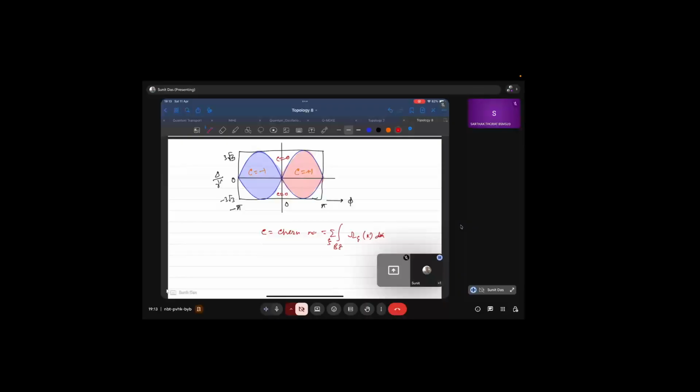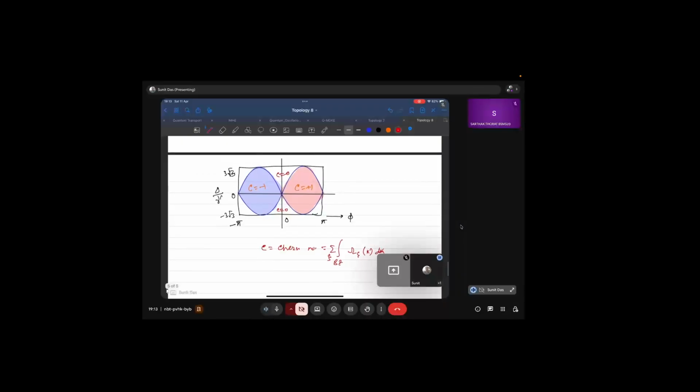So depending on the values of phi, let's say you are in the 0 to pi limit. If your parameter regime is such that you are in this limit, this represents delta by gamma prime, then your Chern number will be negative.